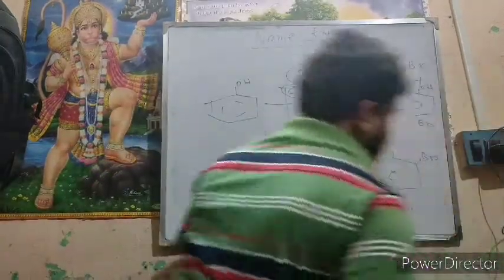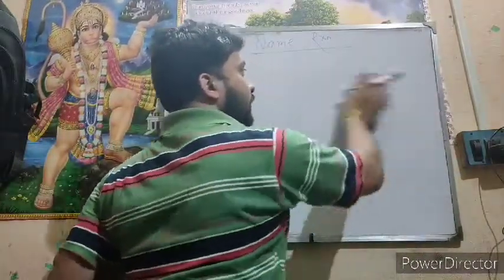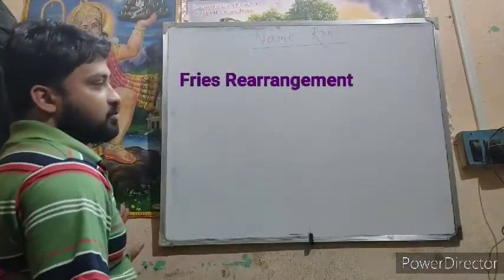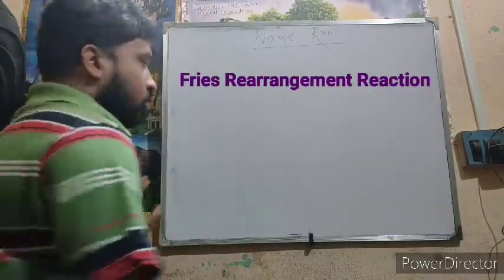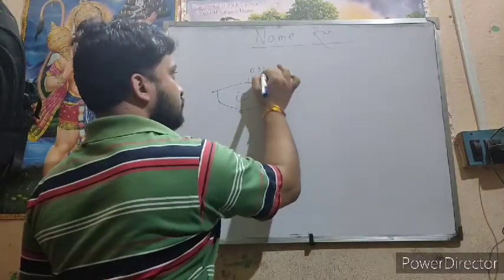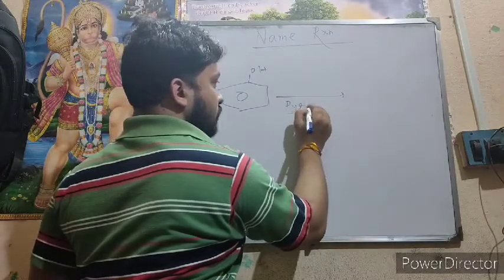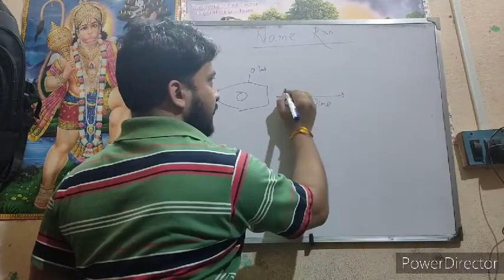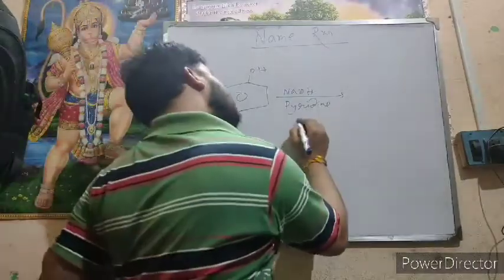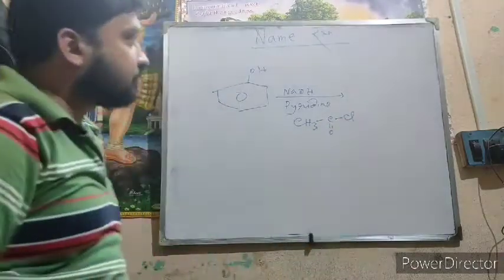The next reaction is the Fries rearrangement reaction. You take phenol, pyridine as a solvent, NaOH, and you can use CH3COCl as the acyl chloride.